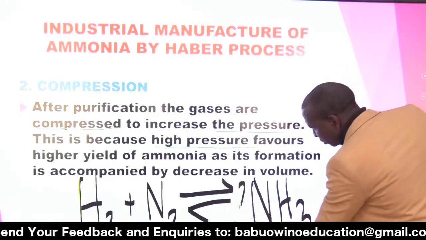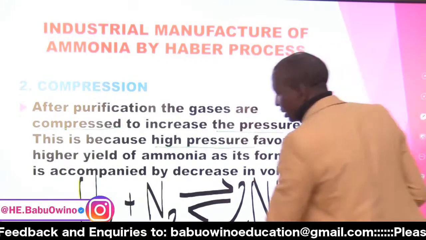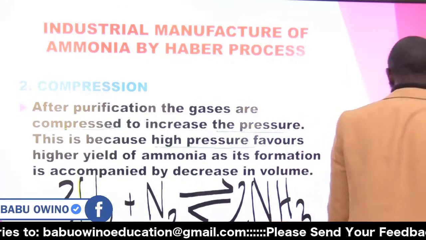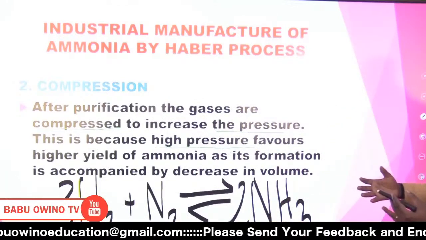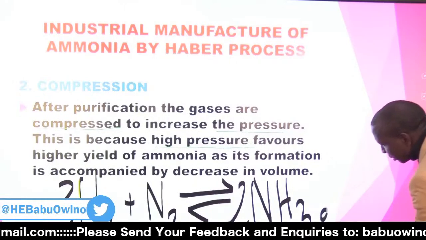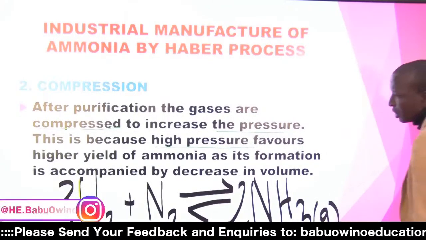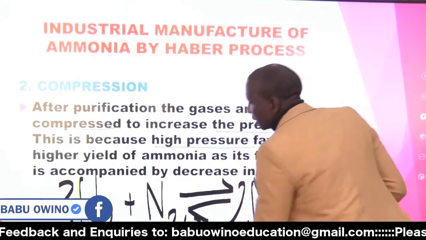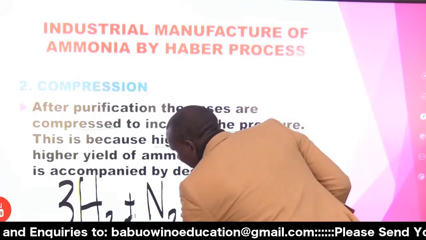There are 2 moles of ammonia produced. Here we have 3 moles of hydrogen gas. So when they react, they form ammonia. Remember, this is a gas, this is also a gas, and this is also a gas.